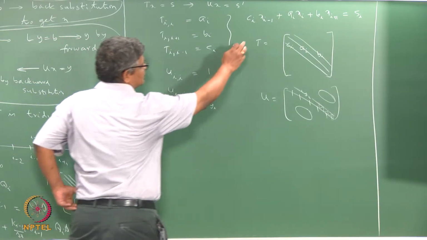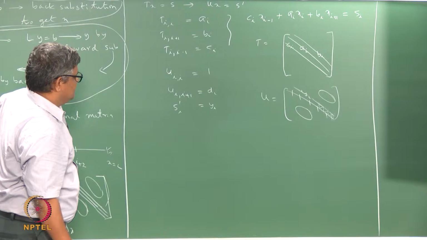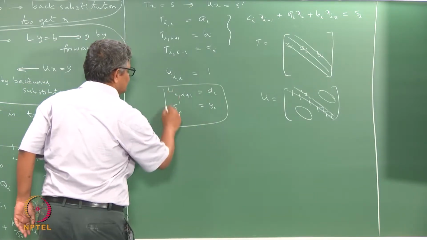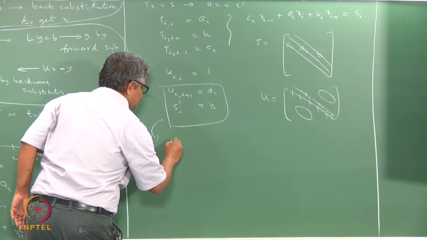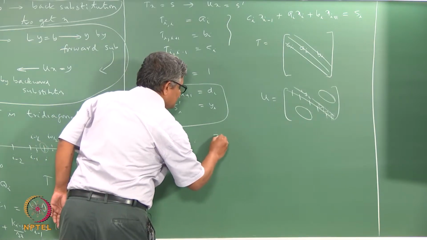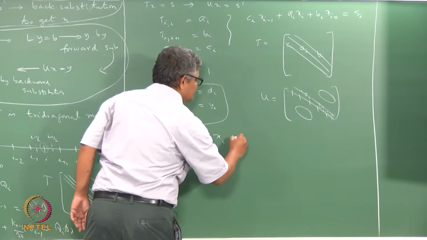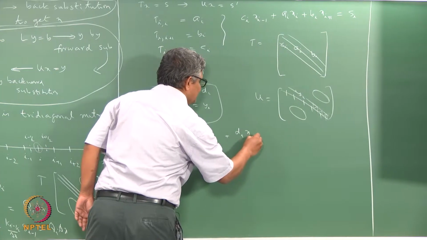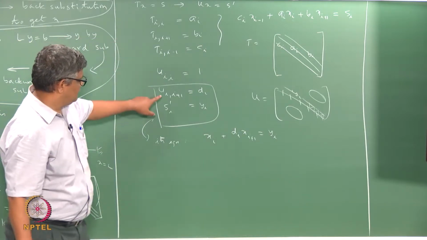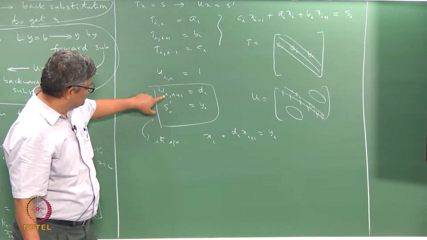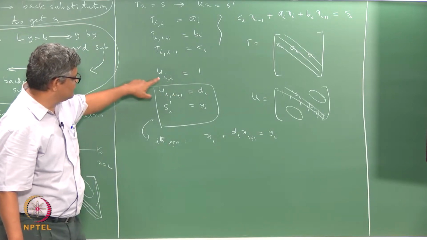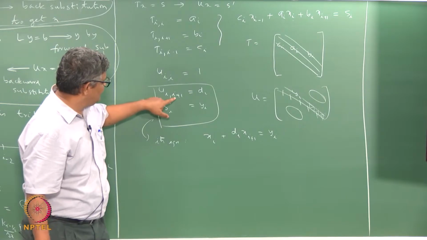So when we write an equation like this, the ith equation is written as xi plus di xi plus 1 equal to yi. Because uii is equal to 1, in the ith equation you have xi and xi plus 1.